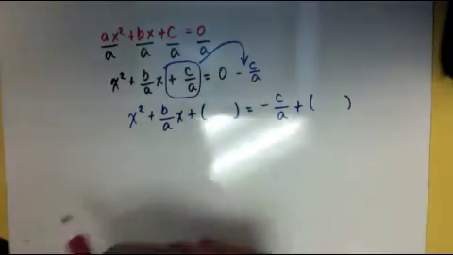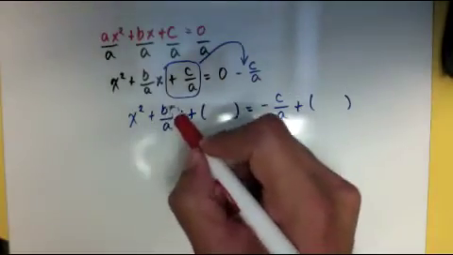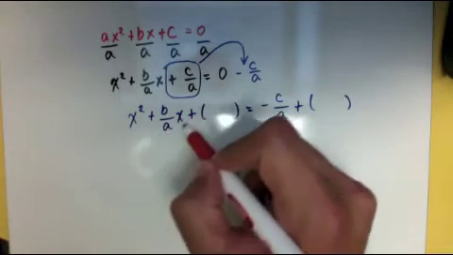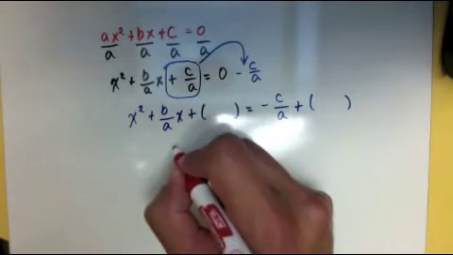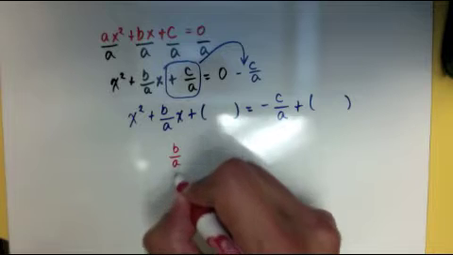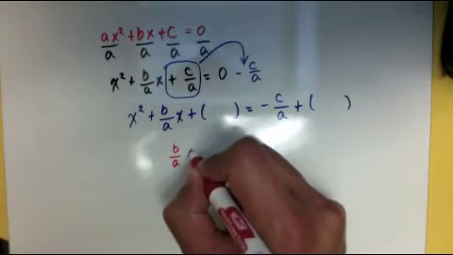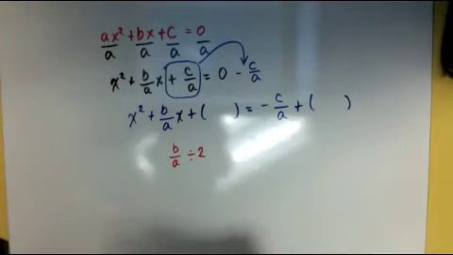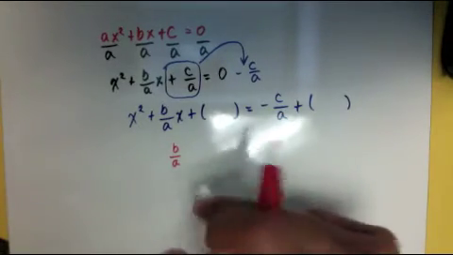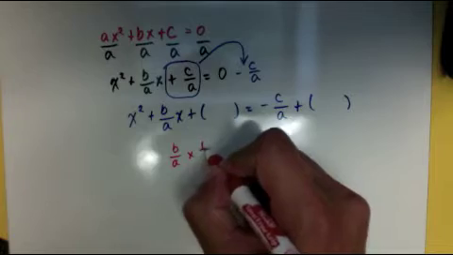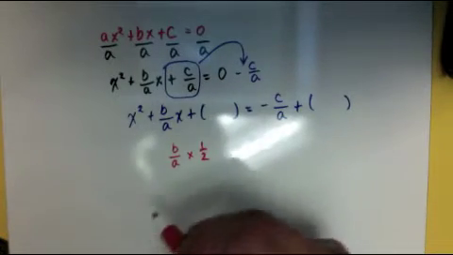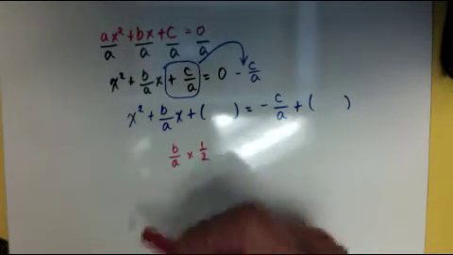Now, if you remember, in completing the square, we're going to take this middle term and take half of it. If you think about it, it's like dividing by 2, or more specifically, multiplying by 1/2, because that's what we want: half of the middle term.